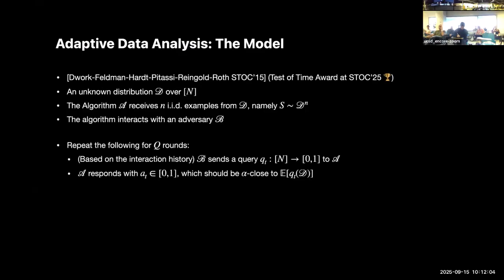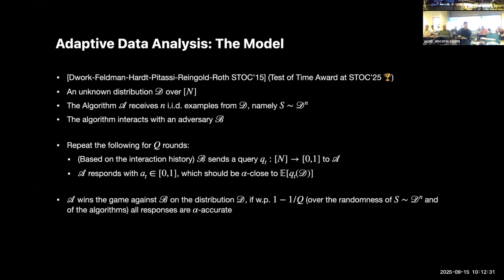We repeat the following interaction for Q rounds. Every round, based on the interaction history so far, the adversary will define and send a query Q sub T to the algorithm. The algorithm is supposed to process this query based on its data points and respond with a real number A sub T, which should be alpha close additively to the population mean of this query.